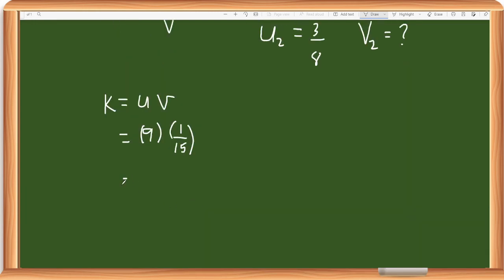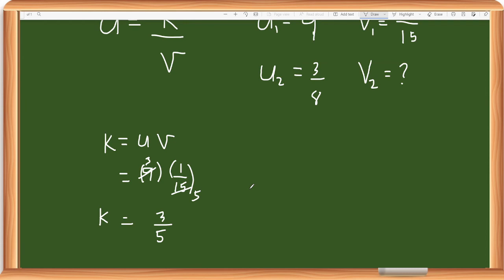Okay, so, cancel natin to. Magiging 3. Ito naman magiging 5. Okay, they are both divisible by 3. So, 9 divided by 3 is 3 and 15 divided by 3 is 5. So, the answer is, yung k mo is equal to 3 over 5.